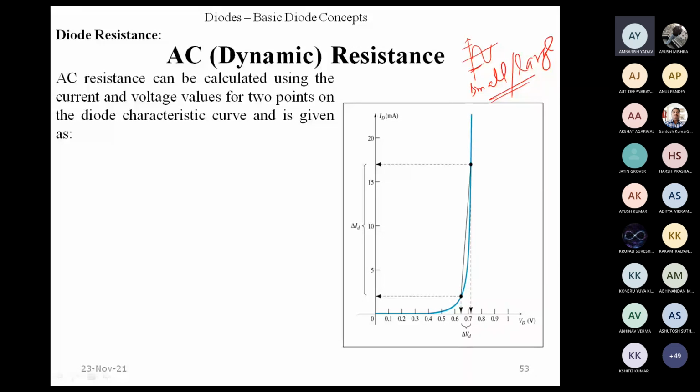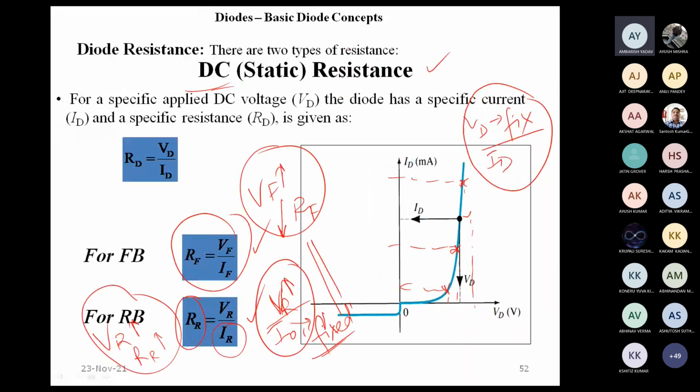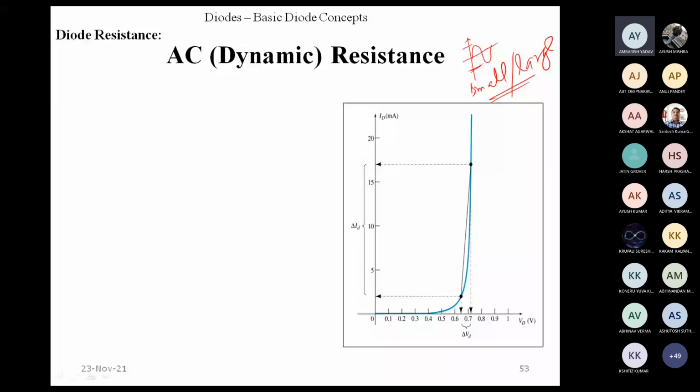If this is the case, then we have already seen that as we move on the characteristic, there is a change in the resistance. So we don't have a single value of the resistance; rather, it is changing. If we are in a small region of operation, when this signal is small, then the variation may be small here.